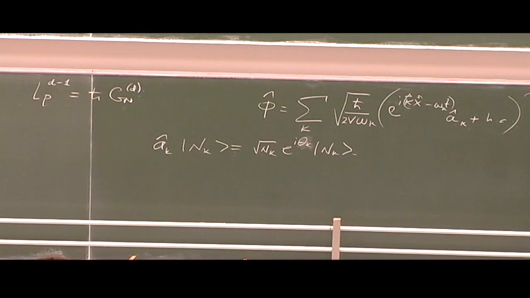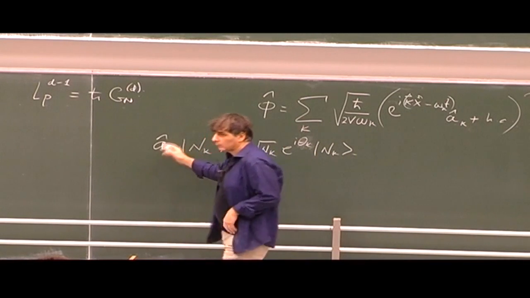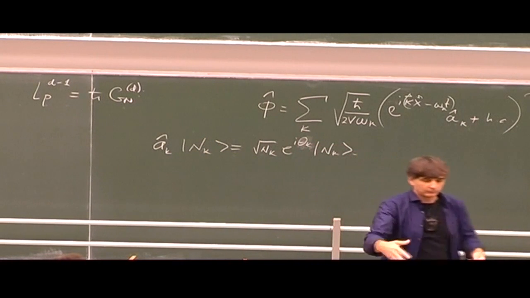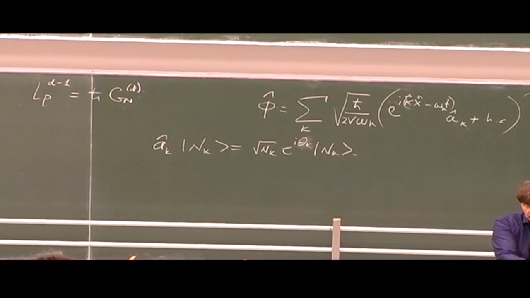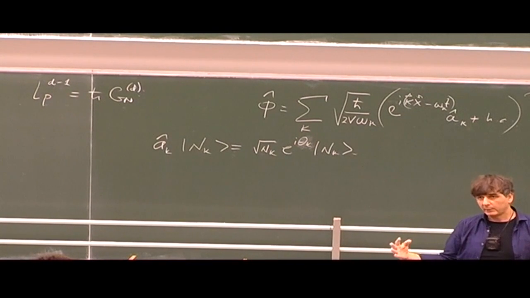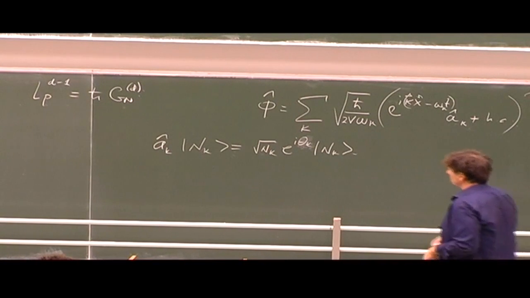So we can already illustrate the point here. If I have a coherent state, which is a coherent distribution, I have a state which tells me I have a bunch of photons with high occupation numbers in each mode, a certain distribution of modes. So I have an electromagnetic pulse with a certain distribution of occupation numbers.